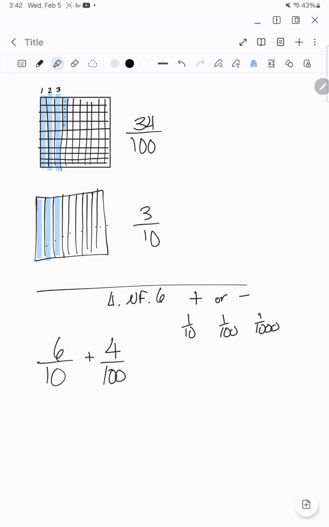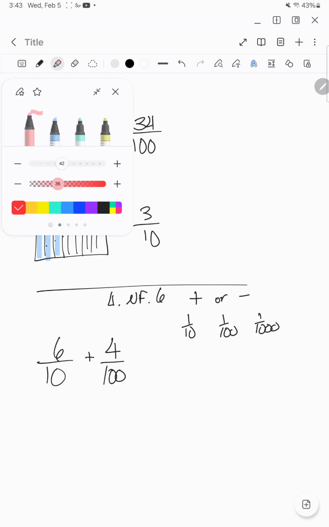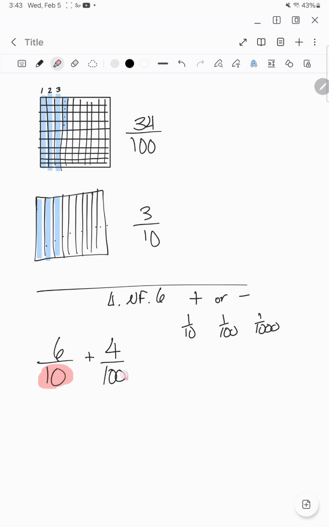the red flag happens because I can't add straight across because my denominators are different, right? This has 10, that has 100. So what I'm going to have to do is I tell my students add a 0 on top and bottom of the smaller denominator. And since 10 is smaller, we can stick the extra 0, and we're going to do the same on top and bottom.